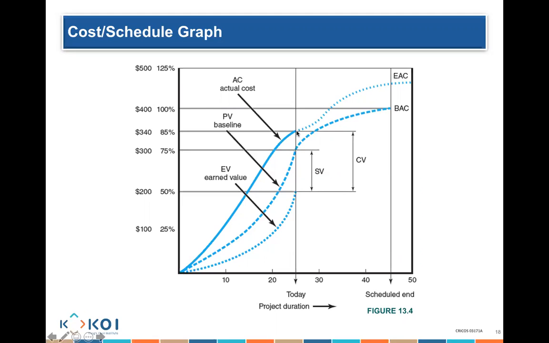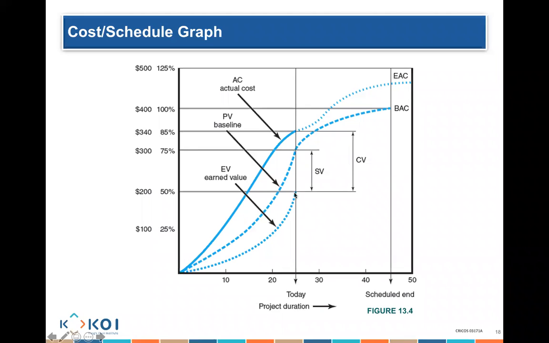So am I over budget or under budget? Over budget, because I earned 200, but the actual cost is 340.